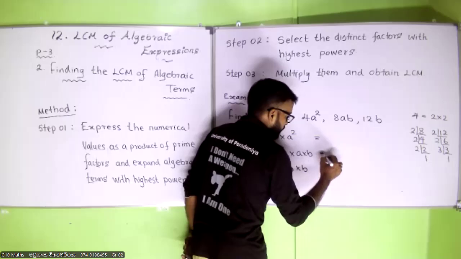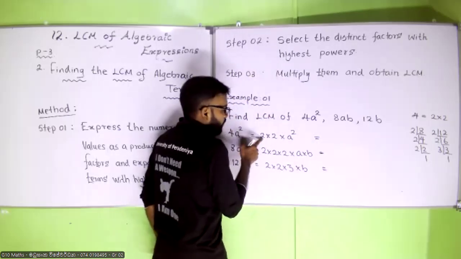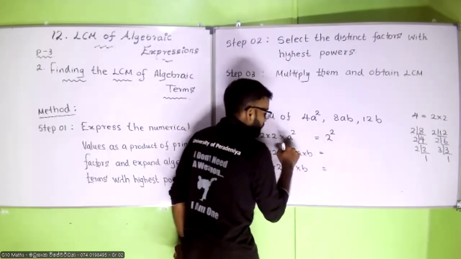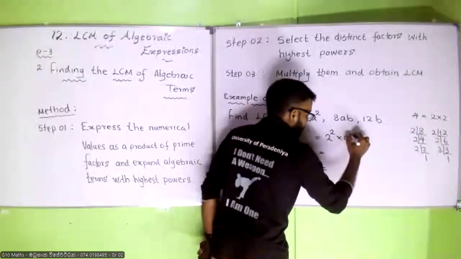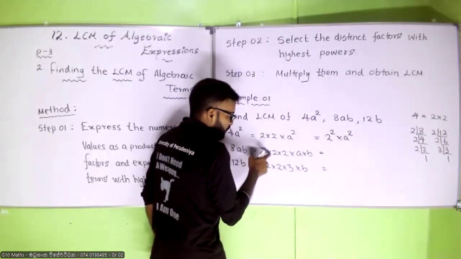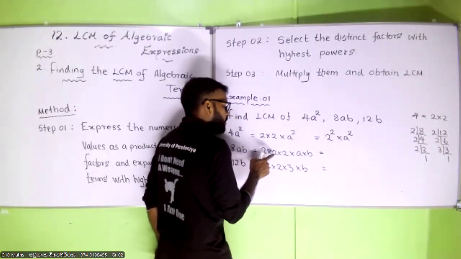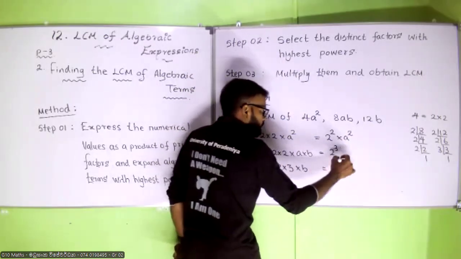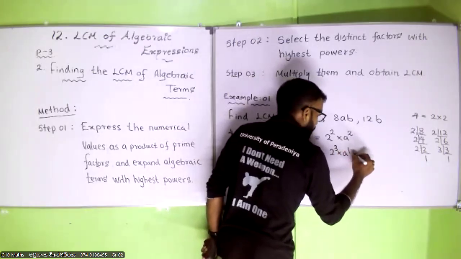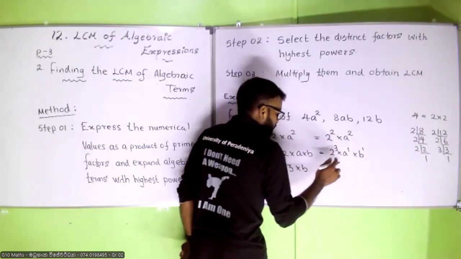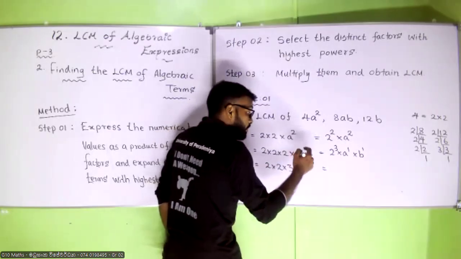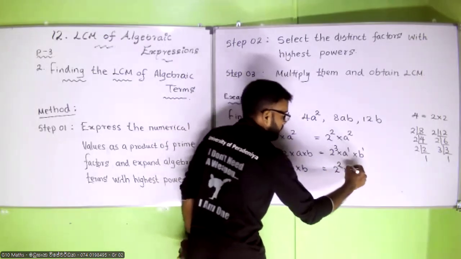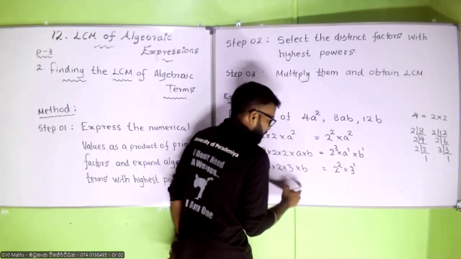So 2 times 2 means 2 to the power 2, times a to the power 2. Then 2 times 2 times 2 is 2 to the power 3, times a to the power 1, b to the power 1. Then 2 times 2, 2 to the power 2, times 3 to the power 1, b to the power 1.